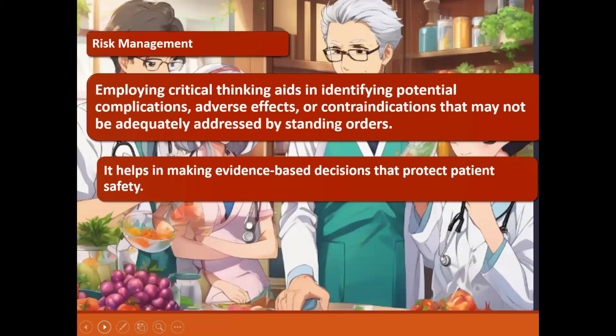So the same drug dosage cannot be given to the two patients because of renal functions. That is why you have to make considerations. And your critical thinking leads to a good clinical judgment and a better patient care plan. And this helps in making evidence-based decisions that protect patients' safety.